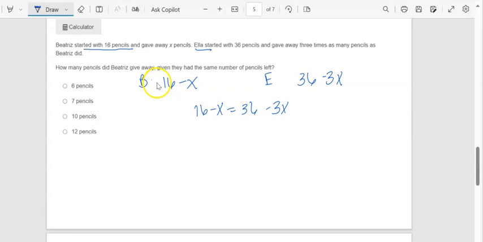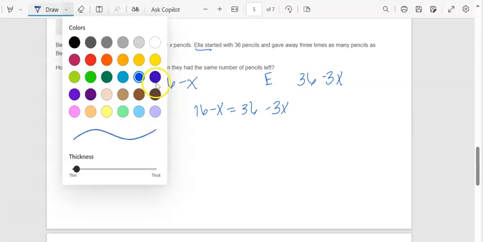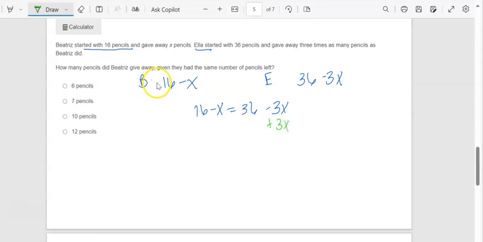Okay, so remember the minus 3X. Let's bring that to the other side by adding 3X to both sides. This cancels, and this is like having a 1. So the negative 1 and the positive 3 leaves me 2X, and I still have this 16. But now it's plus, because it's a positive 2X.